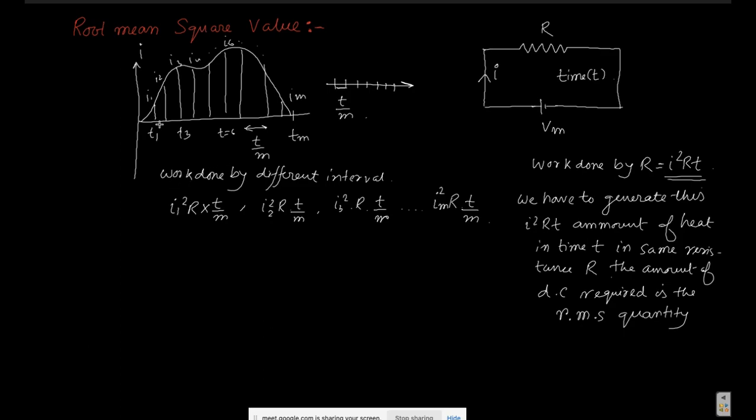That is at time t equal to 1 second, if at that instant I is equal to I1, then the work done by that current is I1 square R into T by m. Why T by m? I think you get my point, that each and every interval should be T by m. So what is the total work done?